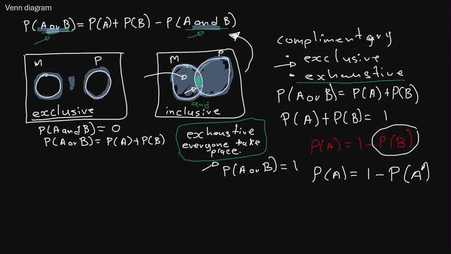Therefore, 1 minus probability of not A is going to give us the probability of A. Or if we have the probability of B, for us to get the probability of A, we're going to say 1 minus probability of B. But this only happens when the events are complementary. Complementary means mutually exclusive and exhaustive.